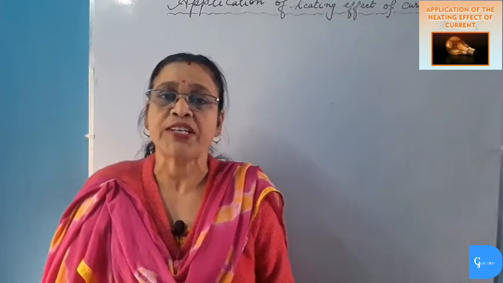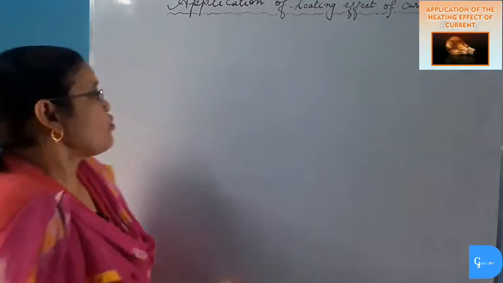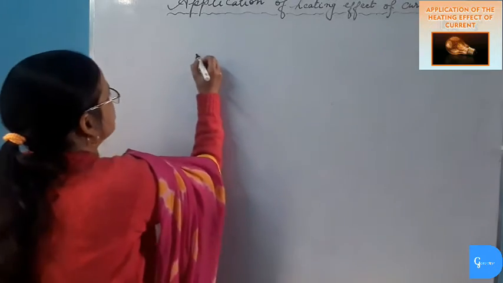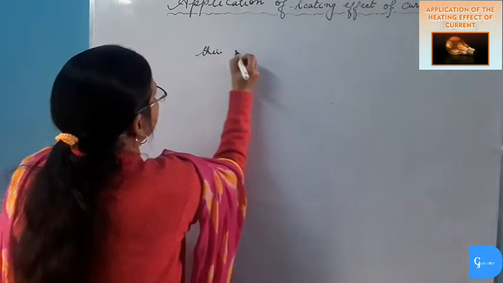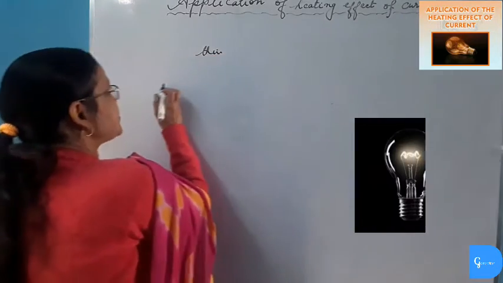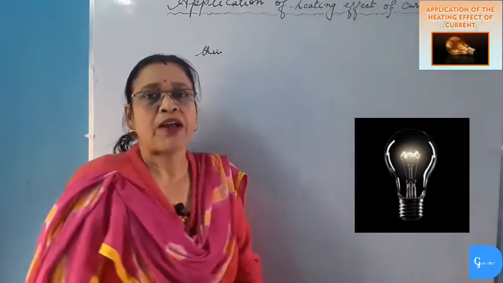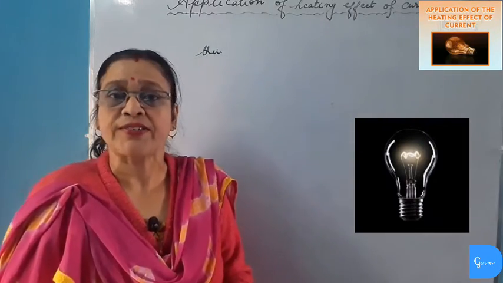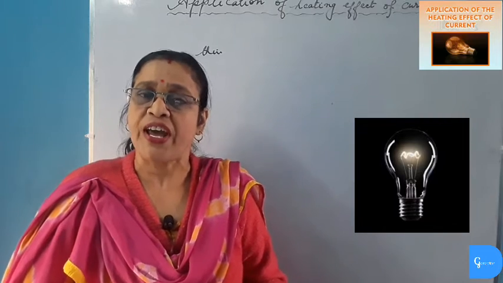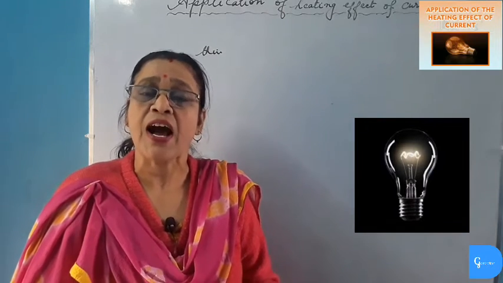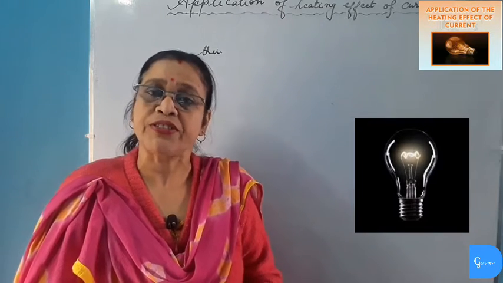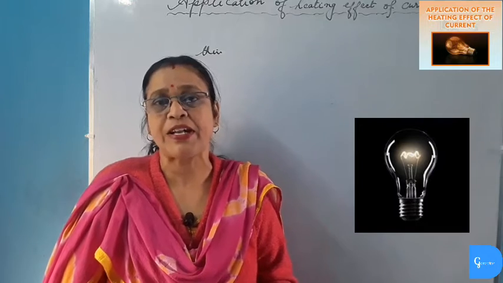Heating effect of current is also applied in case of electric bulbs. In electric bulbs, when electric current passes through the thin, high resistance filament of tungsten, then it becomes white hot and emits light. Electric bulb contains the filament made of tungsten. Tungsten is a metal which has very high resistance and very high melting point. 3380 degrees centigrade is its melting point.